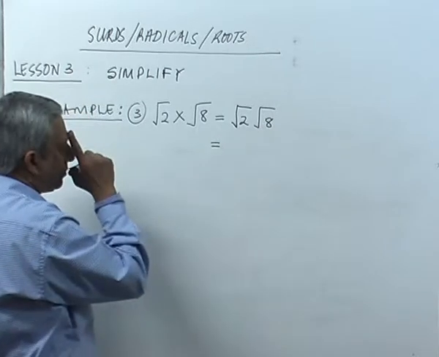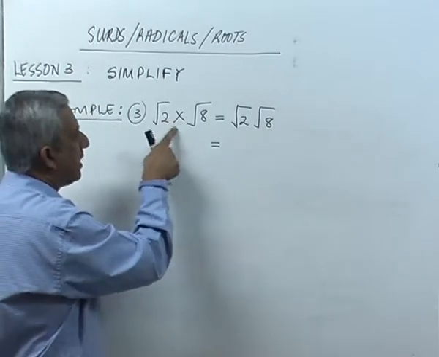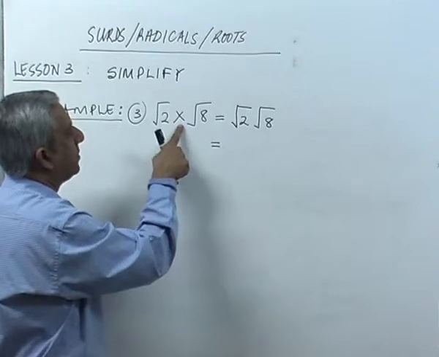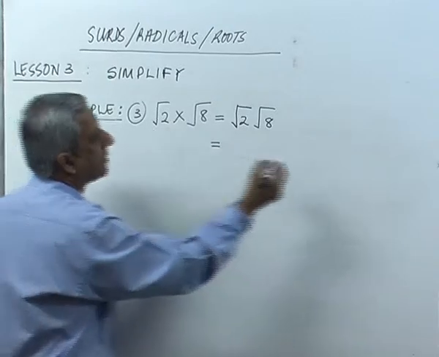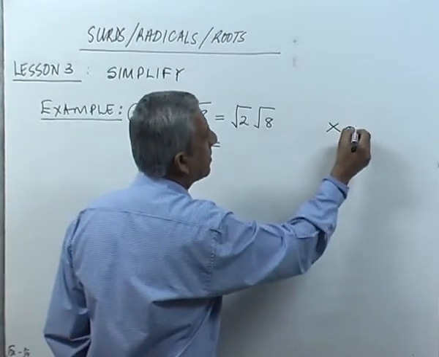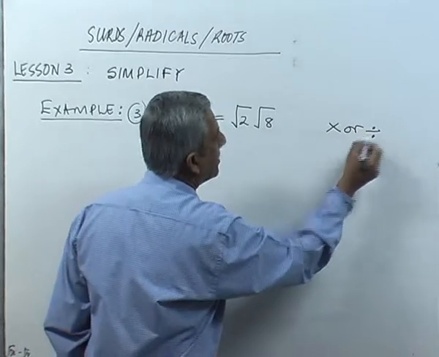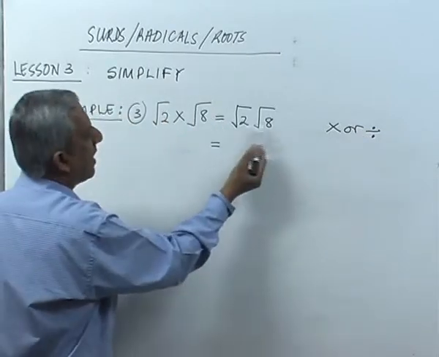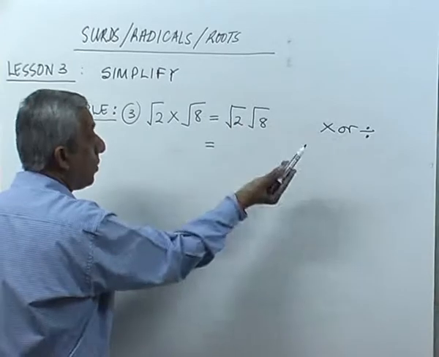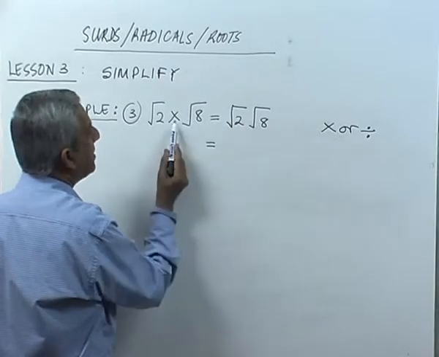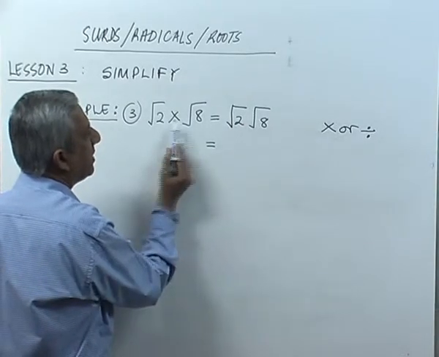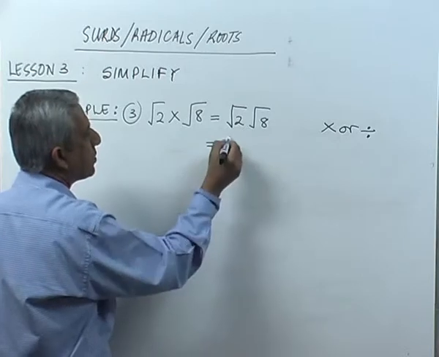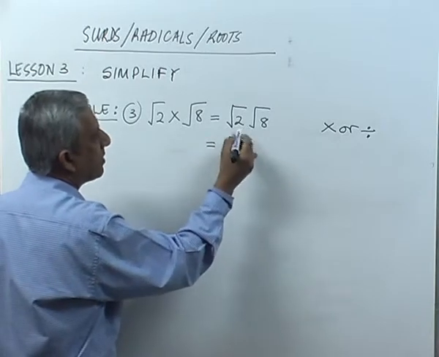Now, as long as there's a multiplication sign here or a division sign, multiplication or division, then you can multiply those two numbers or you can divide the two numbers. Now in this case, multiplication here. Multiplication is understood, so you can multiply the numbers.